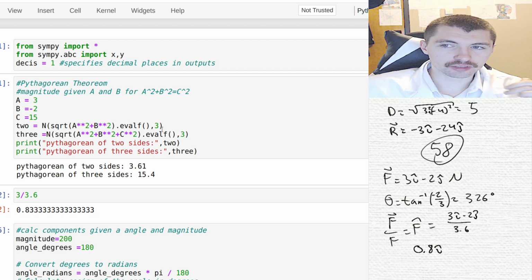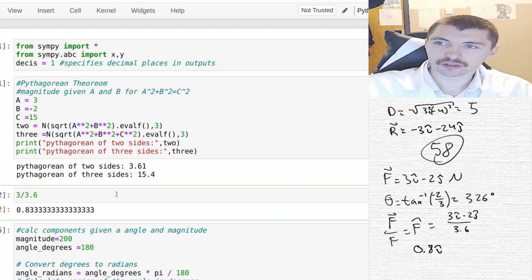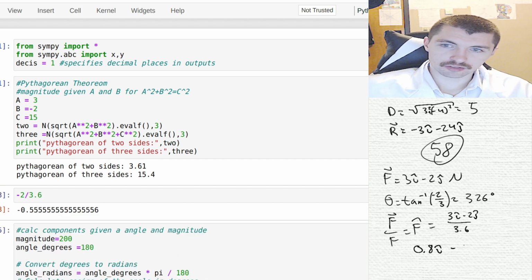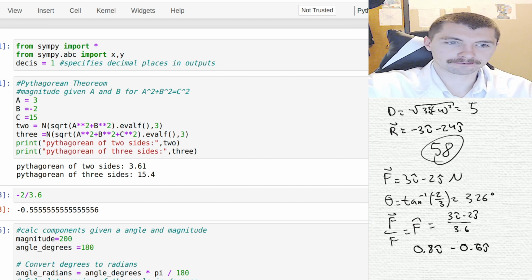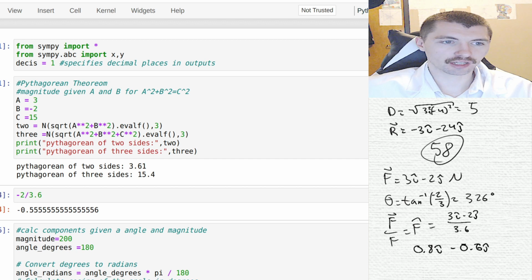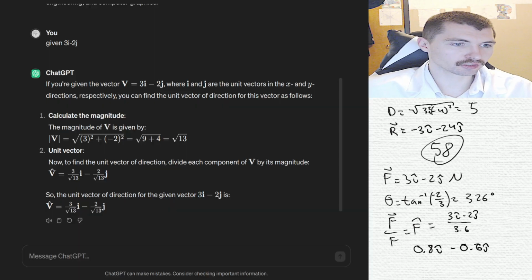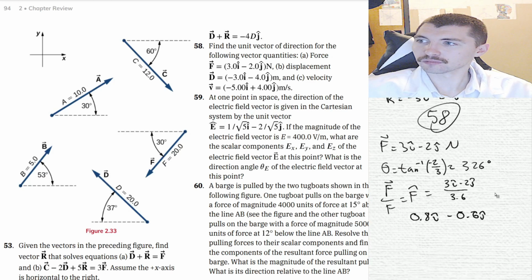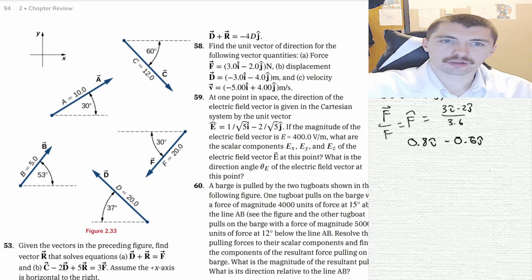Okay, so yeah, -2 divided by 3.6 minus 0.6j. Okay. Haven't done a problem like this before. Just wanted to verify. Okay, I could probably do one more.